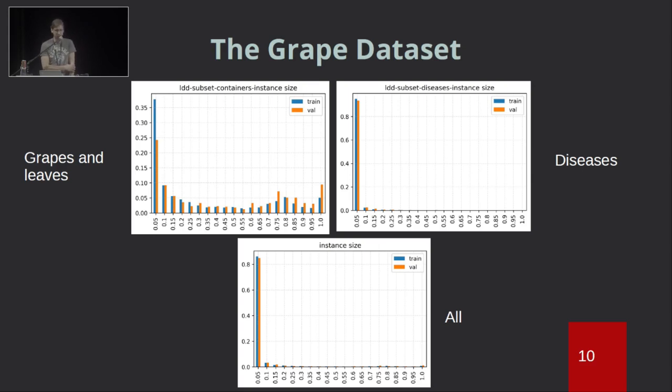And the number of annotations compared to the leaf is really big, and you can see that typically more than 80% of them are really, really small. So it's quite challenging for the object detector and the segmentation model to find them all.